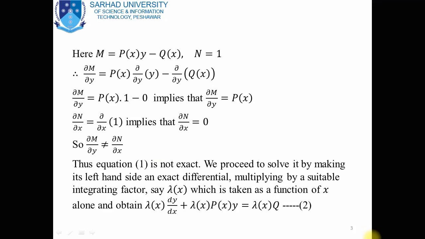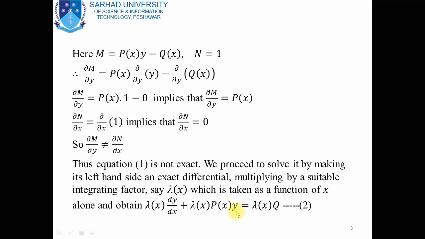We proceed to solve it by making its left hand side an exact differential, multiplying by a suitable integrating factor, say lambda(x), which is taken as a function of x alone, and obtain lambda(x) dy/dx + lambda(x) p(x) y = lambda(x) q(x).